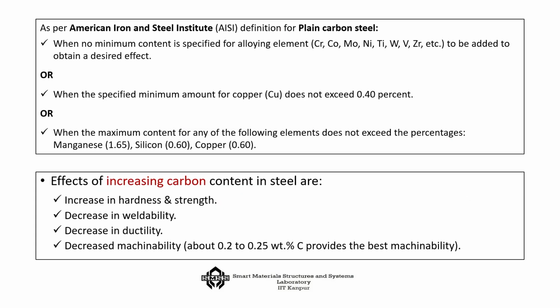As per the AISI definition, American Iron and Steel Institute, plain carbon steel is when no minimum content is specified for alloying elements, for example chromium, cobalt, molybdenum, nickel, titanium, tungsten, vanadium and zirconium, to be added to obtain a desired effect, and when the specified minimum amount for copper does not exceed 0.4%, or when the maximum content for any of the following elements does not exceed the percentage, like manganese not more than 1.65, silicon 0.6, copper 0.6.